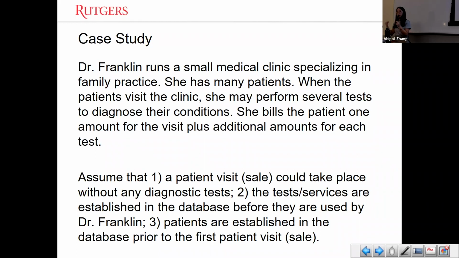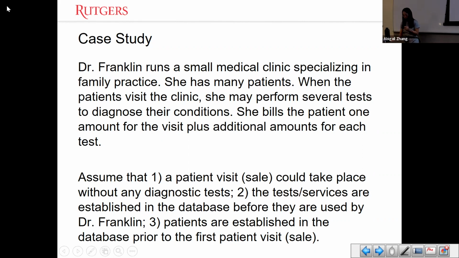In this case, my information is saved in the doctor's office database, and they regard me as a patient or a potential patient, right? But even though I make an appointment, I may not show up. That is to say, although I can be regarded as a patient, I do not necessarily have to pay for a visit, right? So before the patient really visits the doctor, their information will be saved in the database first. Okay, so that's what this means.